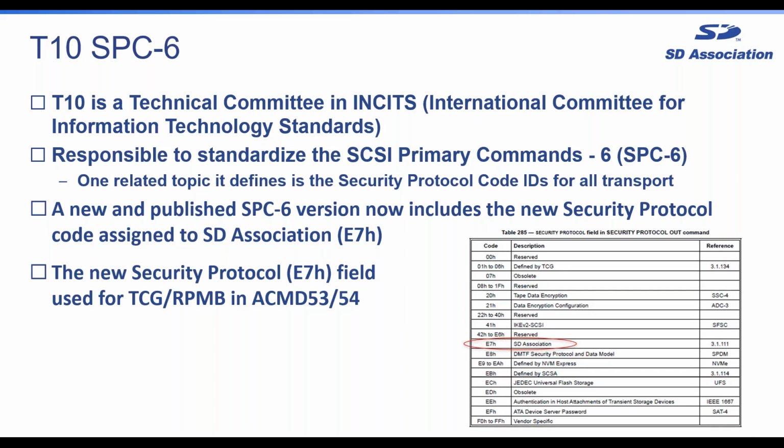One of the specifications is for SCSI primary commands, and they define the security protocol code ID for all cards or implementations. So we requested them to add a new code. They assigned E7 as the code for SD Association. So we can now use that code for TCG and RPMB integrated in the new command, the new A command 53 and A command 54.